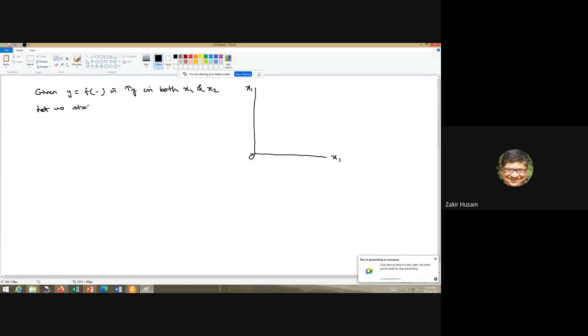So let us start with an arbitrary point A. Okay. So this is A. Then let us increase x1. So if we increase x1, we are moving to a point B.